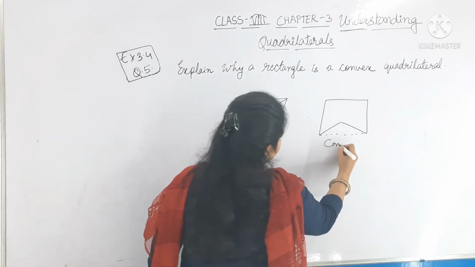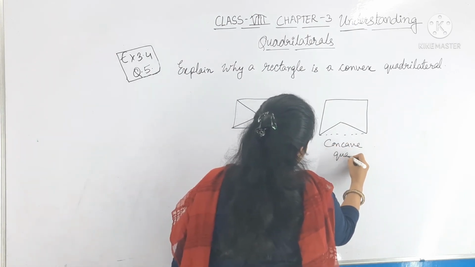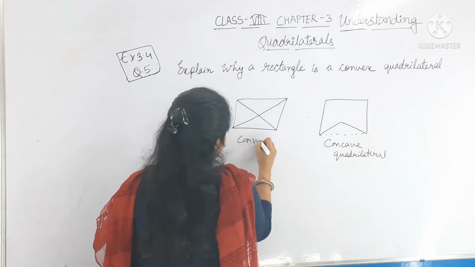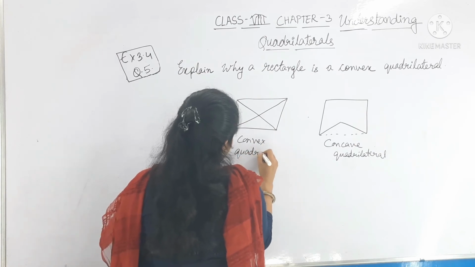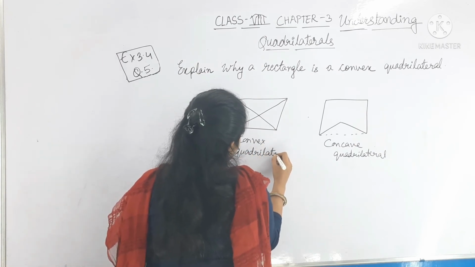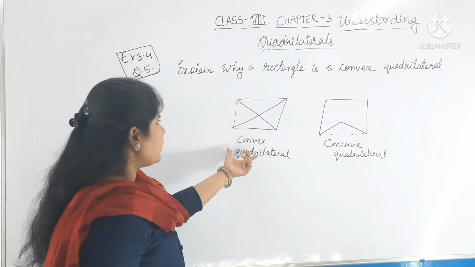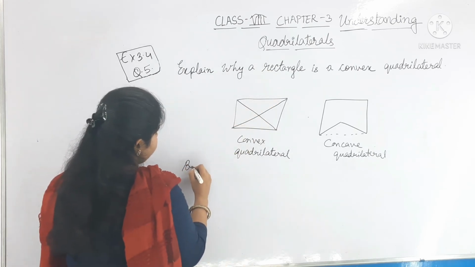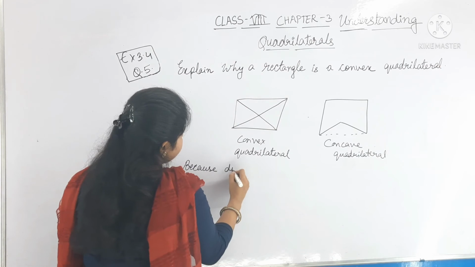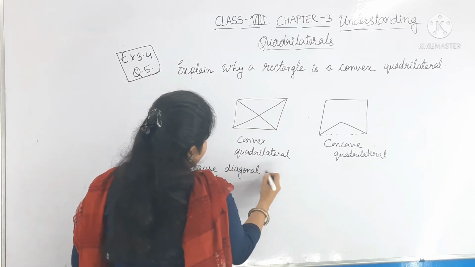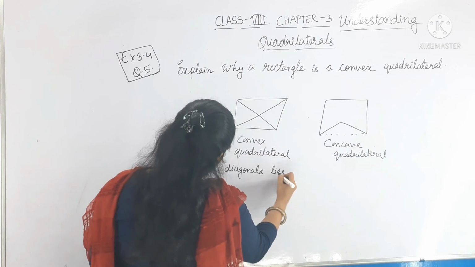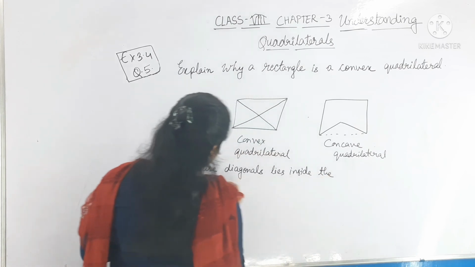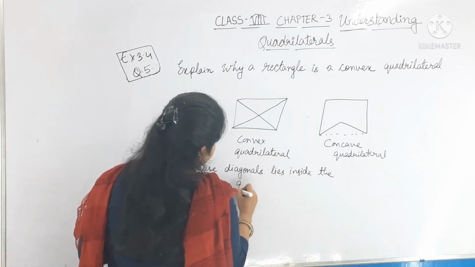So this is concave and this is convex. The rectangle is a convex quadrilateral because its diagonals lie inside the quadrilateral.